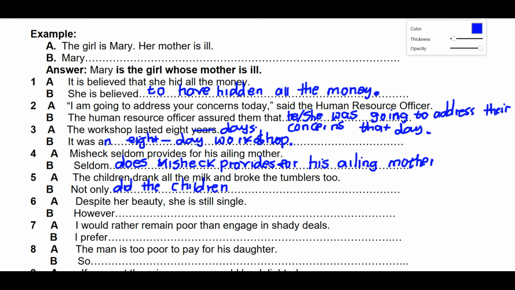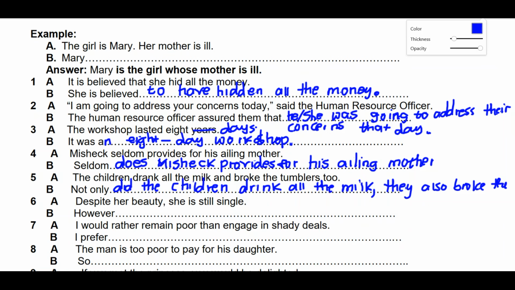Since we have used did, the drank will change to drink. So did the children drink all the milk? Then we'll need to say they also broke the tumblers.